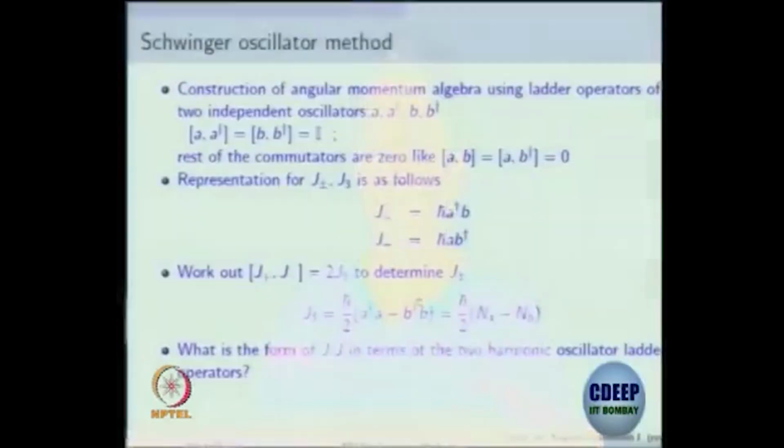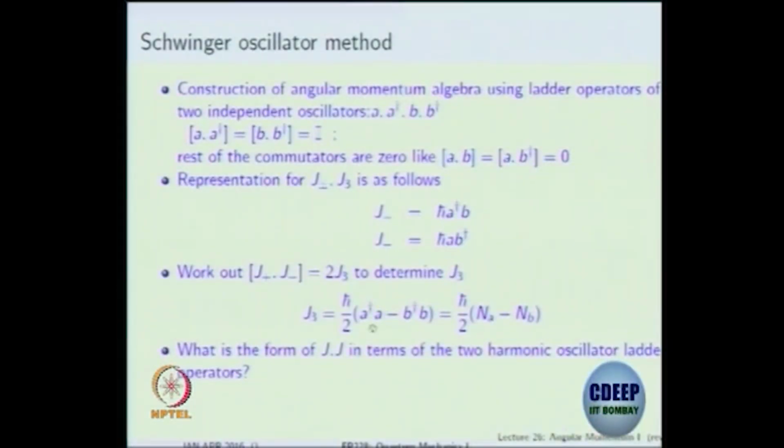If you work it out, J3 will be the difference between the number operator for the harmonic oscillator given by A, which I call N subscript A, minus the number operator corresponding to the B harmonic oscillator given by the operators B and B dagger. Please verify this.